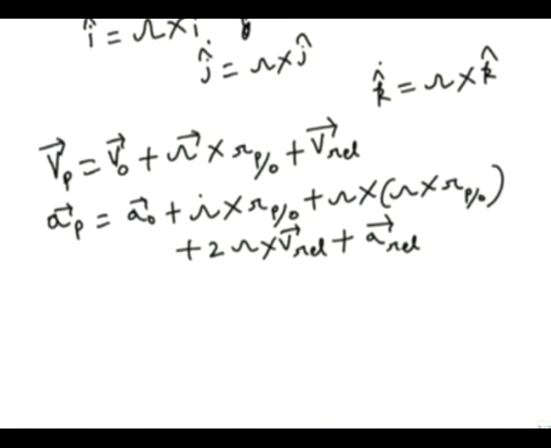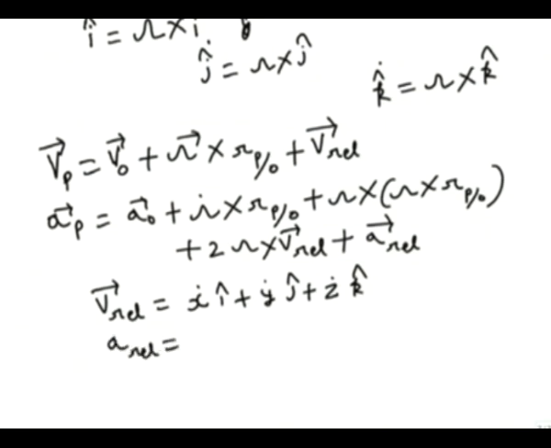Now in this case, Vrel in 3D is x dot I plus y dot j plus z dot k, and Arel is x double dot I plus y double dot j plus z double dot k.